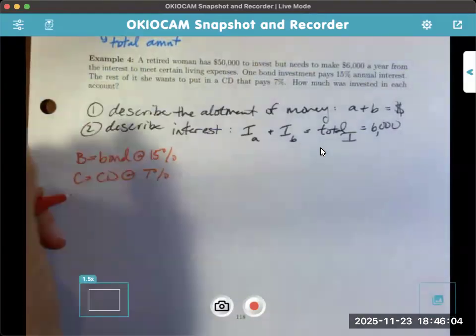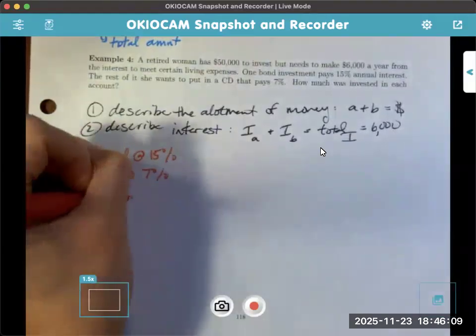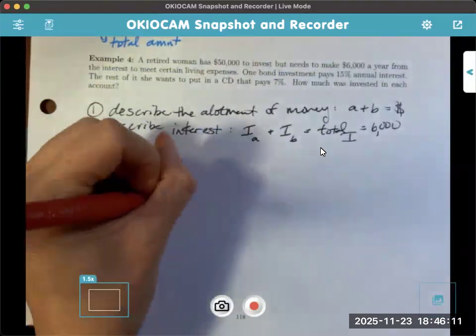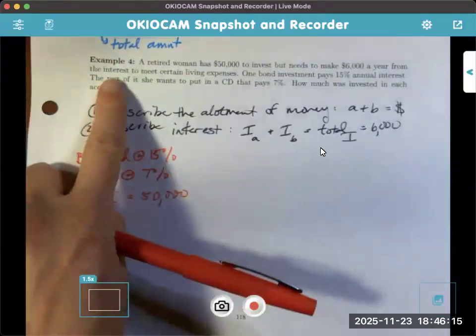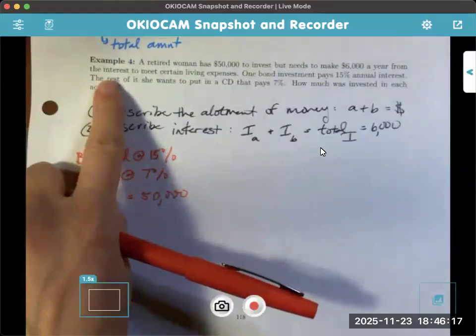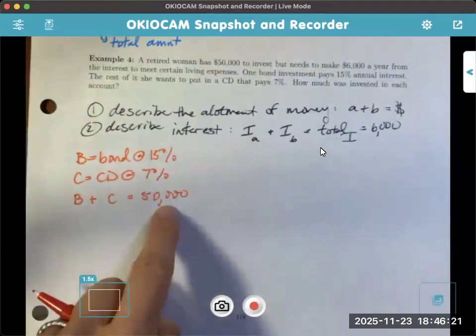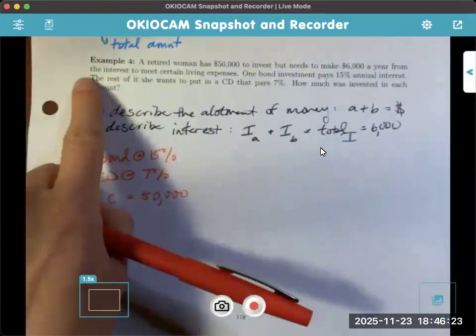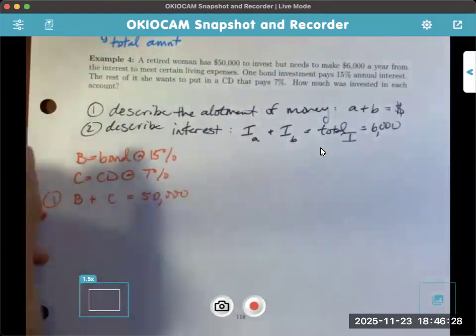So then I know that I put some money into the bond, some money into the CD, and we spent all $50,000, right? That is implied because it says the rest. So here's equation one.